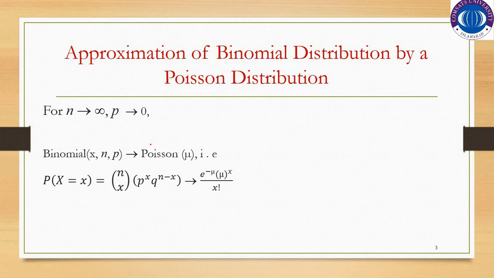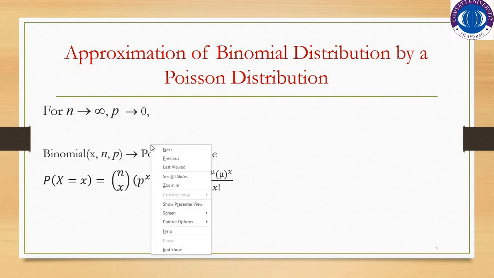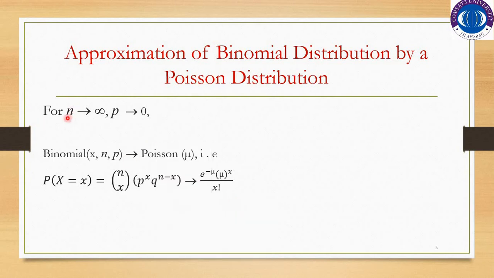Approximation of binomial distribution by a Poisson distribution. If you recall from the previous lecture that binomial distribution has two parameters, n and p, where n is the number of trials or number of times experiment is performed, and p is the probability of success.